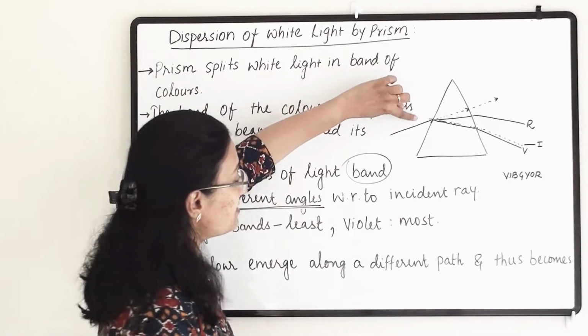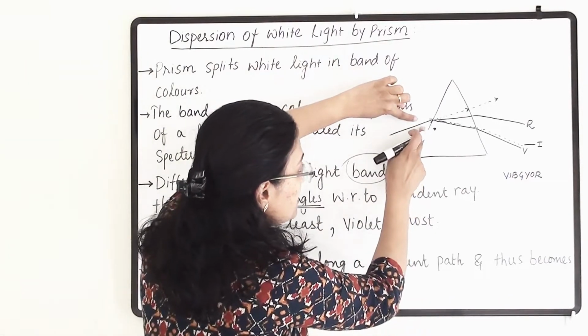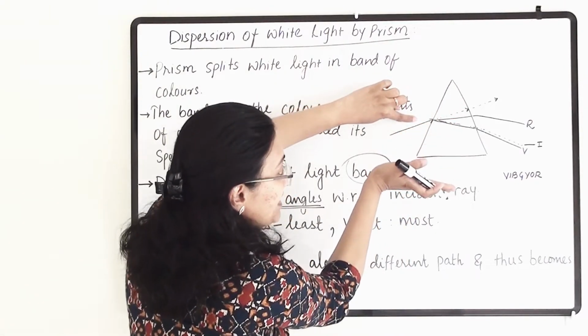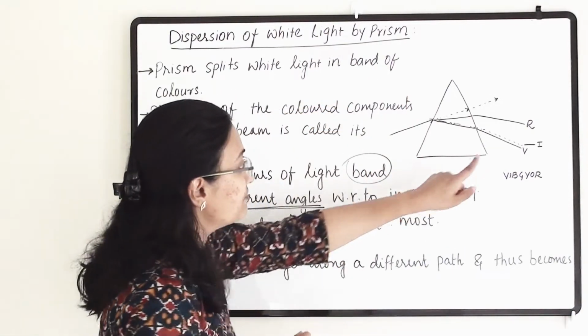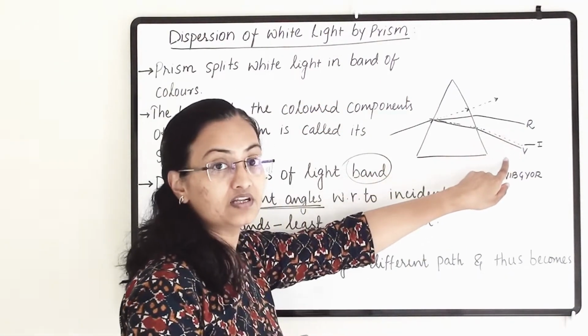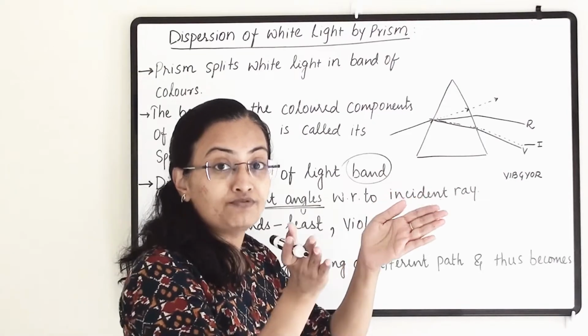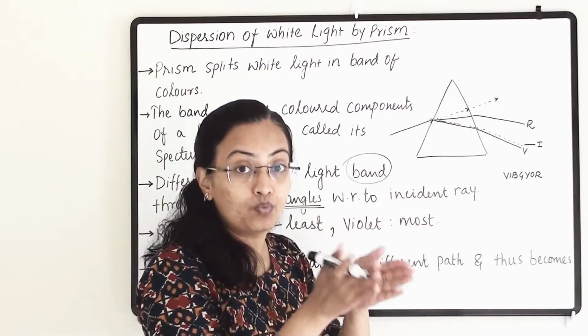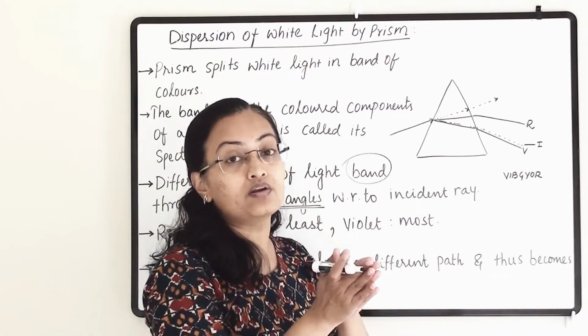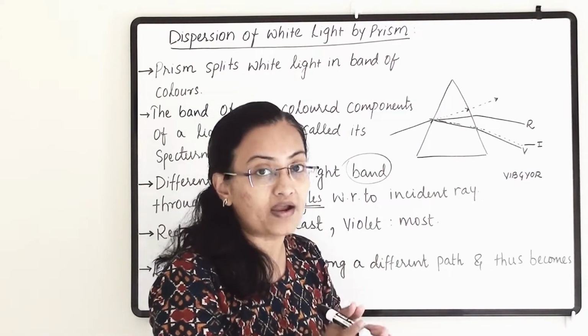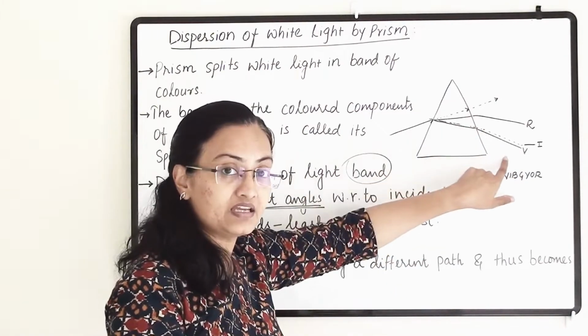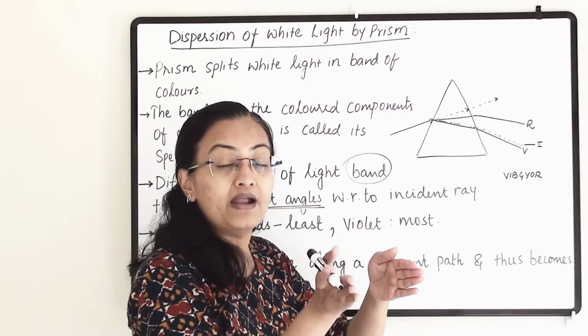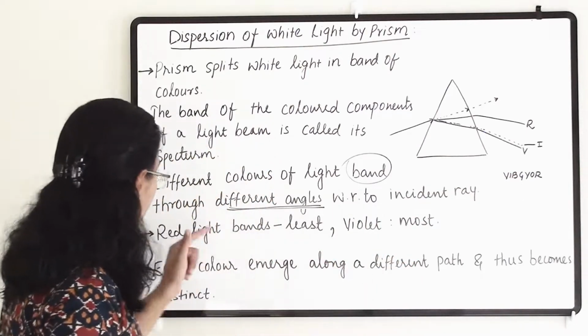This is our incident ray, and with respect to it, they all bend differently. And that's why we get 7 different colors distinctly. Otherwise, if they were all bending at one angle, they would get mixed again and we would get white light. That is not happening here because they all bend at different angles.